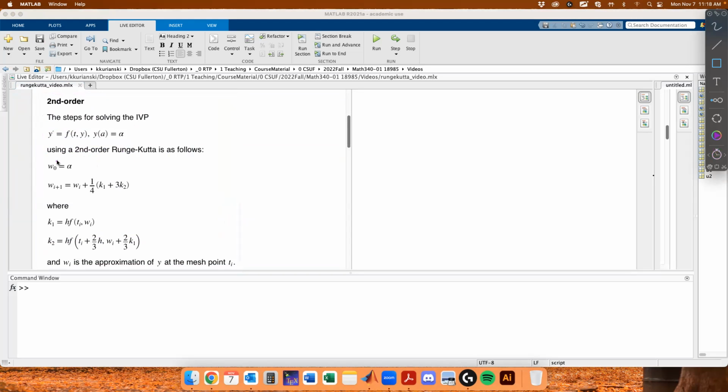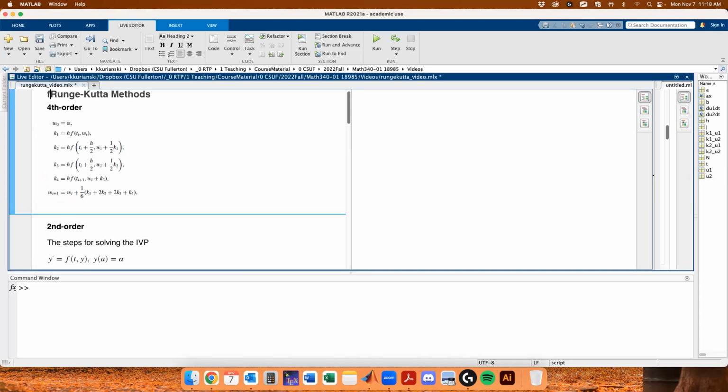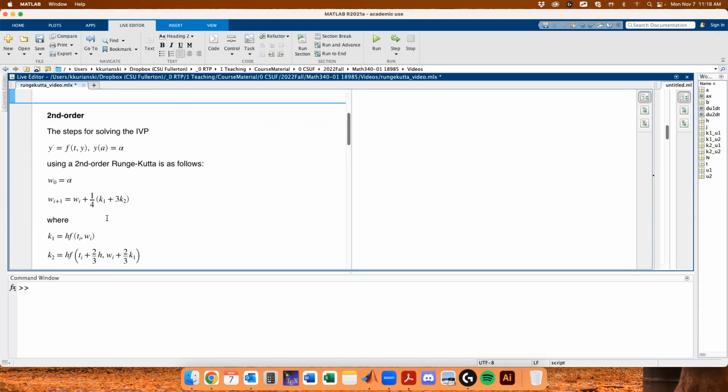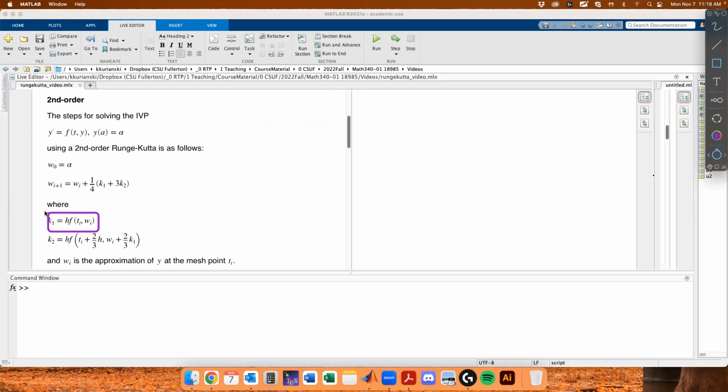And this Runge-Kutta method says that we start with our initial condition, and in order to get to the next step in our approximation, we take the previous step plus 1/4 times k1 plus 3k2, where k1 is h times f, where f is the right-hand side function, evaluated at t i and w i, so the previous steps.